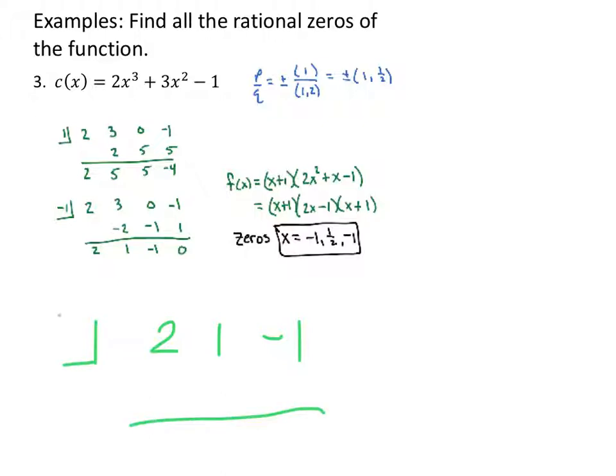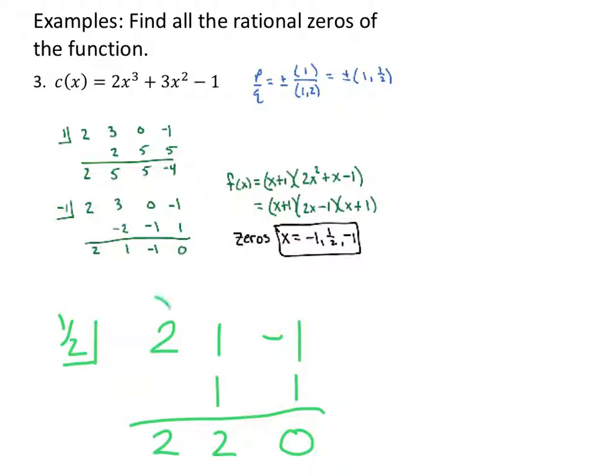I'd probably try a positive 1/2. Bring down the 2, multiply, a half times 2 is 1, add, half times 2 is 1, add, and I know that x equals 1/2 is going to be a 0 as well.